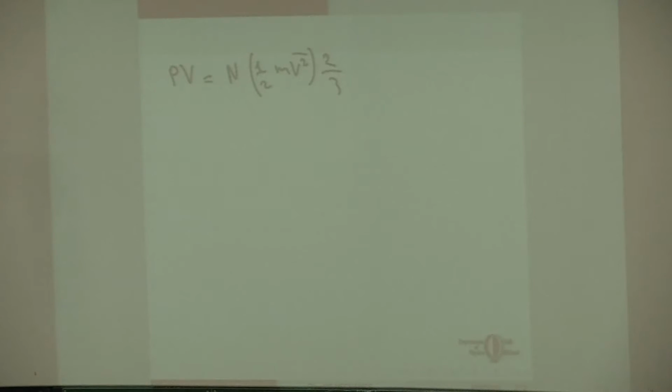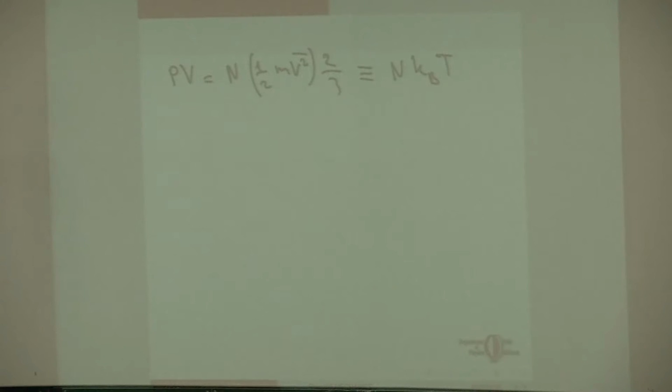We had this picture of the gas as a collection of molecules. On the other hand, this should also be equal to N times the Boltzmann constant times the temperature. This is what we derived from the microscopic picture of the gas, and this is what we measured in experiments.